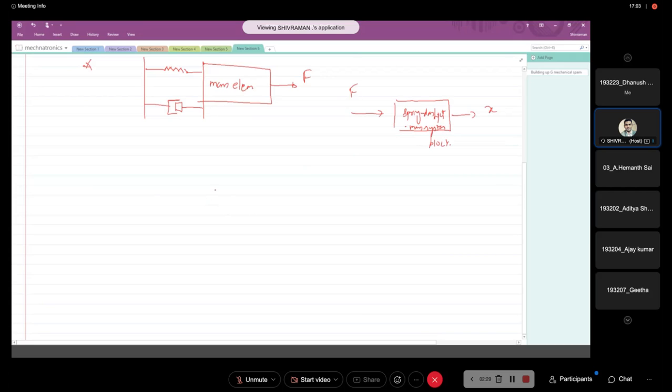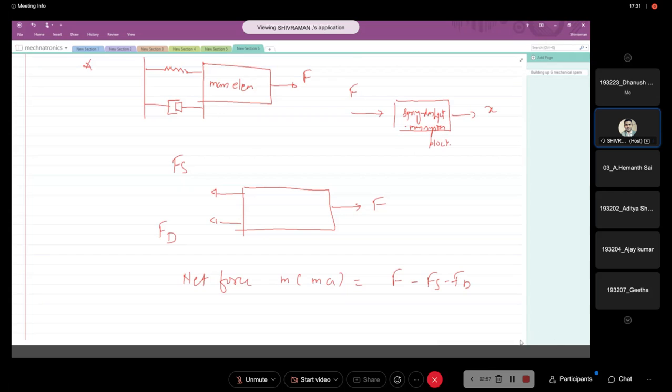So if you draw a free body diagram here, the spring and this dashpot will exert resistance. So force due to spring, force due to damper. So the net force exerted on mass M, which is Ma, is equal to F minus Fs minus Fd.